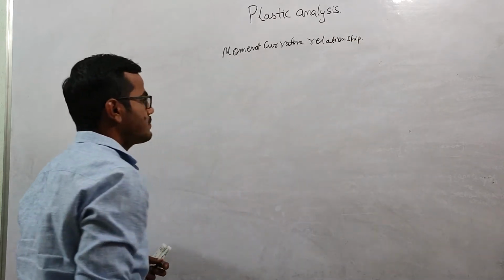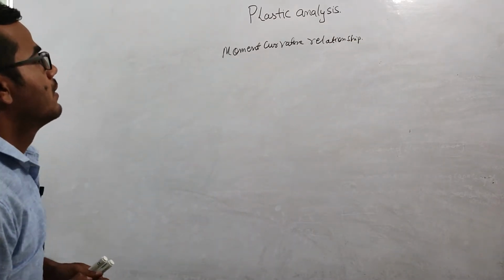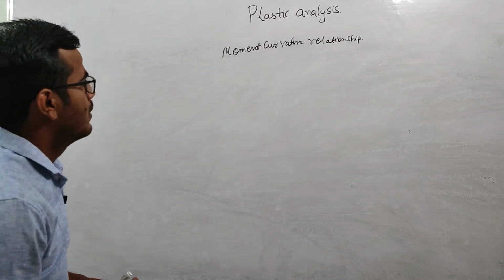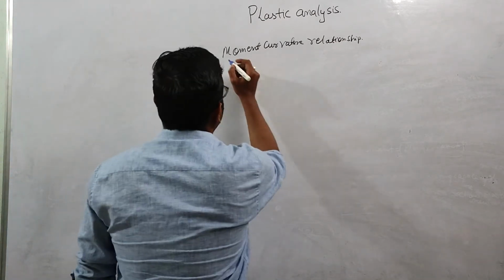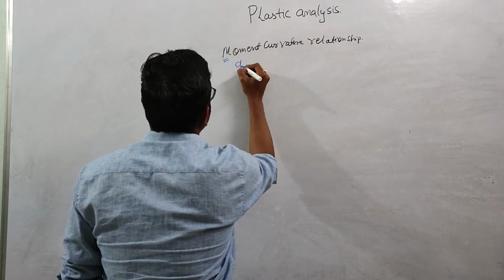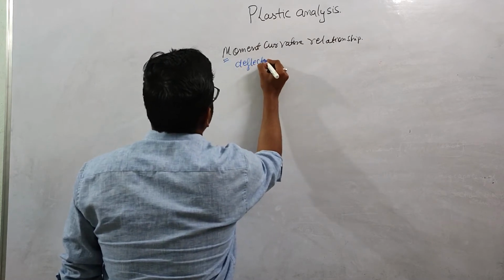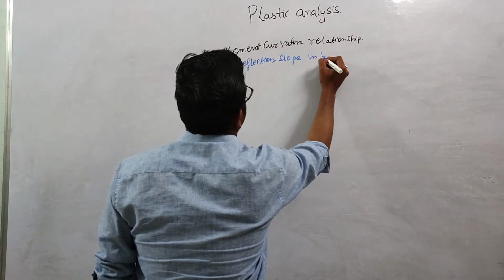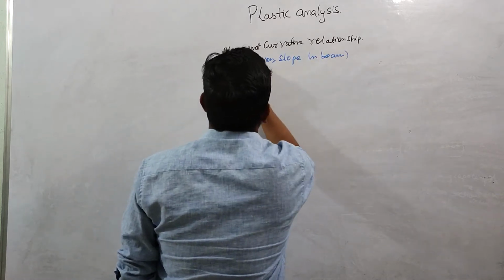Okay, so the moment curvature relationships are basically helpful in calculating the deflection and the slope in the beam.